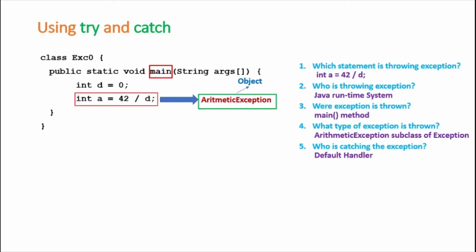Now, how to use this try and catch block? The block of statements which we want to monitor for exceptions must be placed inside the try block. In the program, the statement int a = 42 / d is throwing the exception in the main method, and this statement depends on another statement, int d = 0.